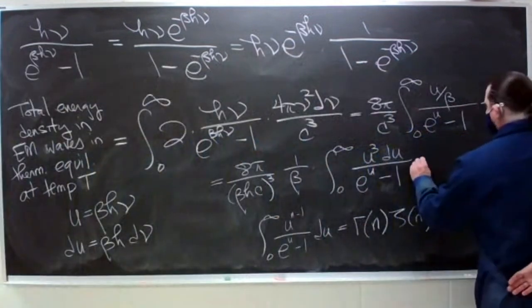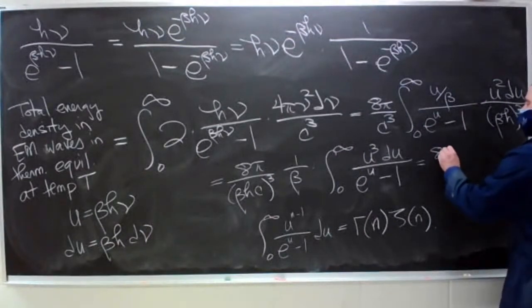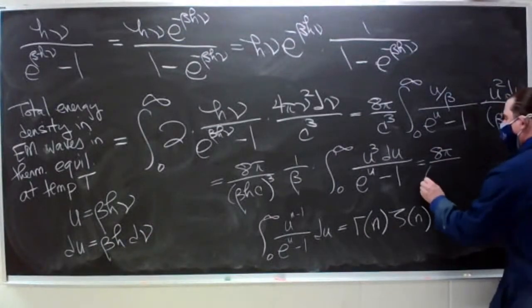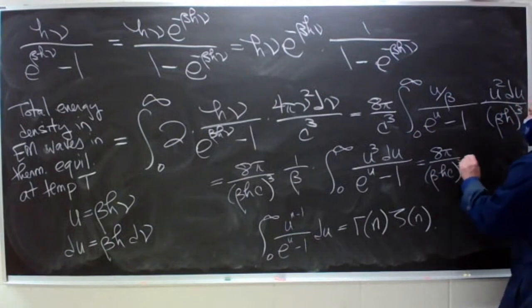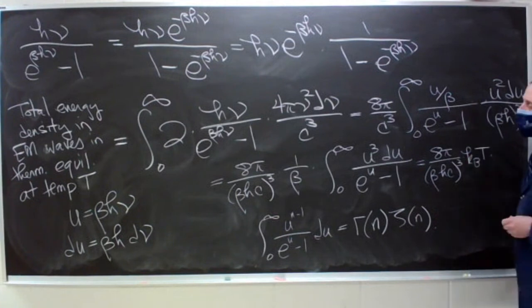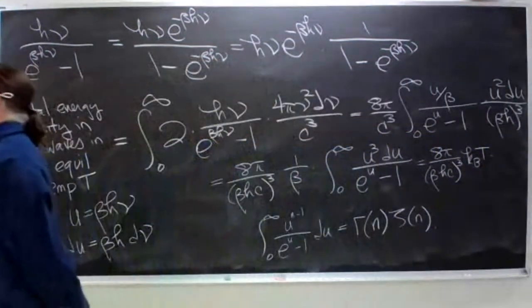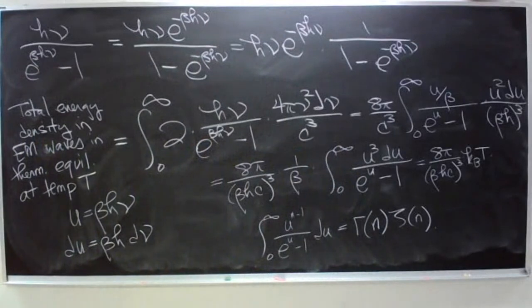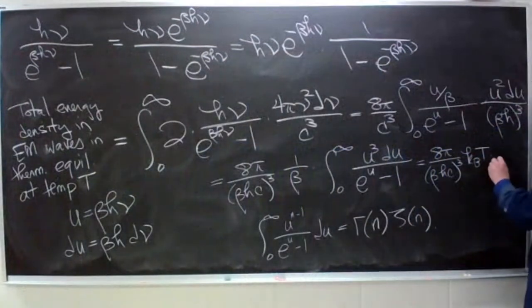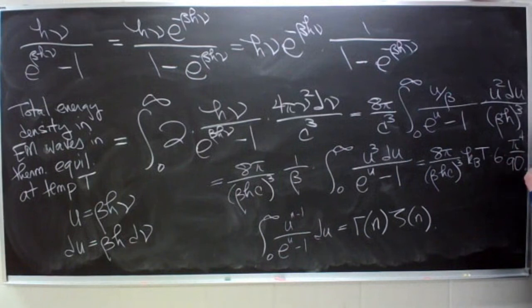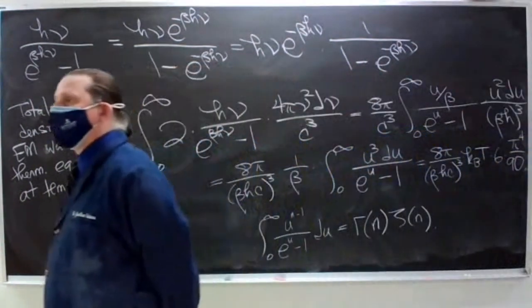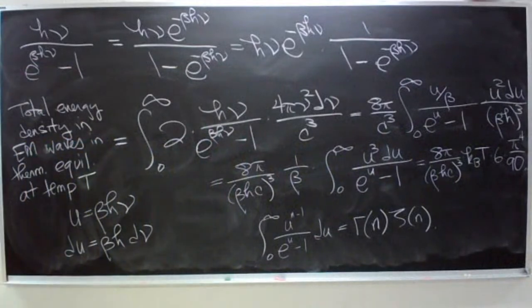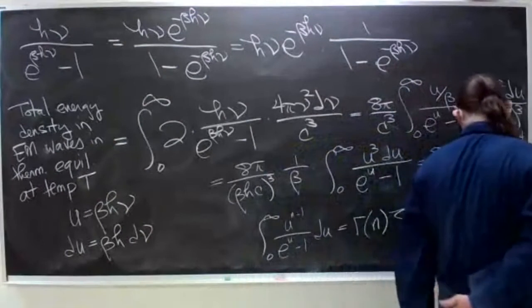So that means that here we're going to have 8 pi over beta hc cubed, Boltzmann T, and then it's going to be gamma of 4, zeta of 4. The 6 cancels away.